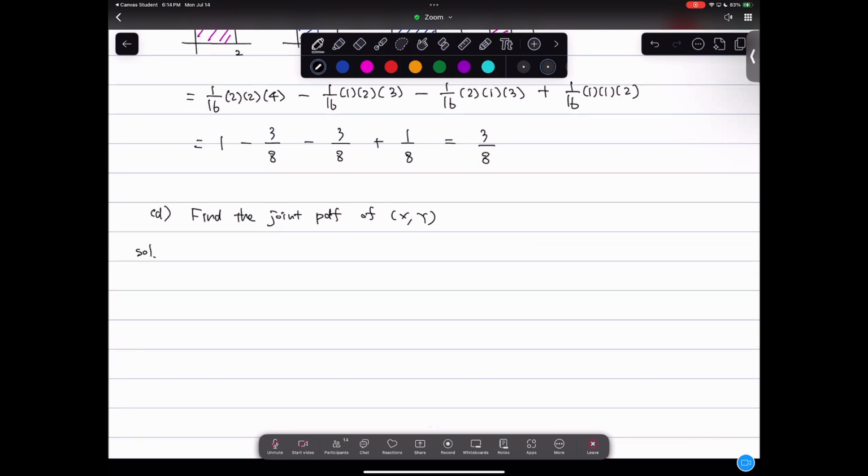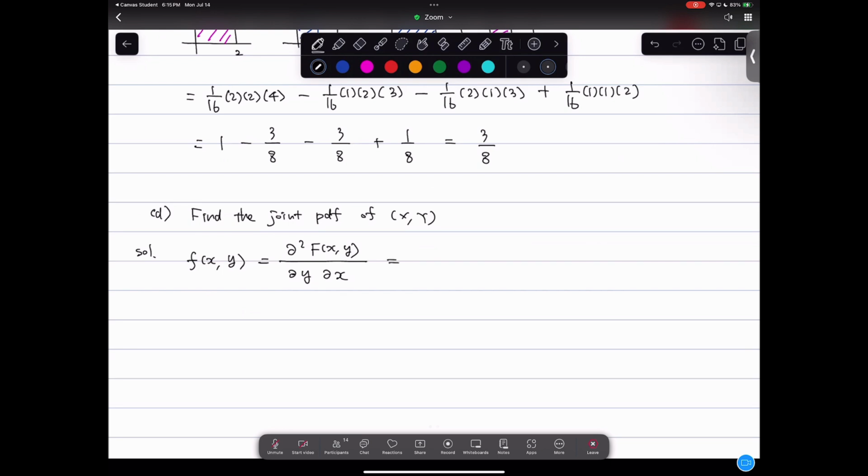The PDF f of x and y is a partial derivative. You take the derivative of the joint CDF with respect to y and with respect to x, for x values from 0 to 2.